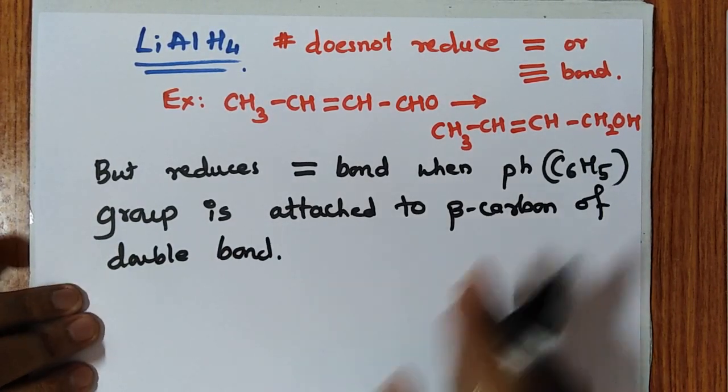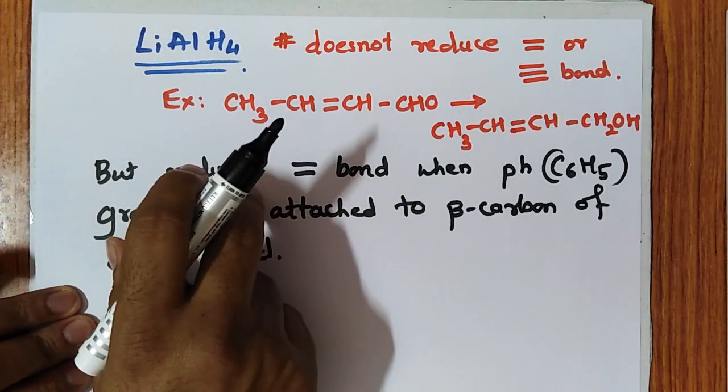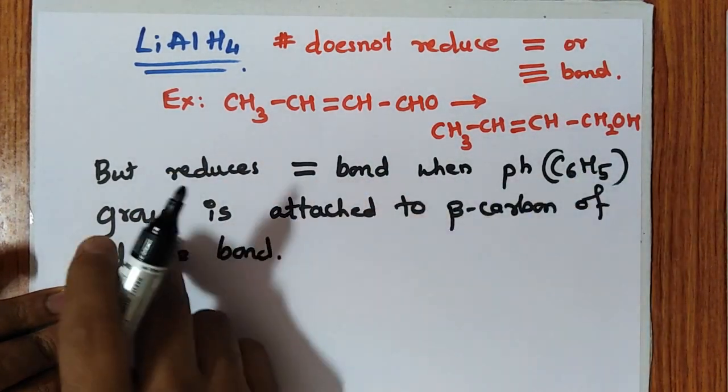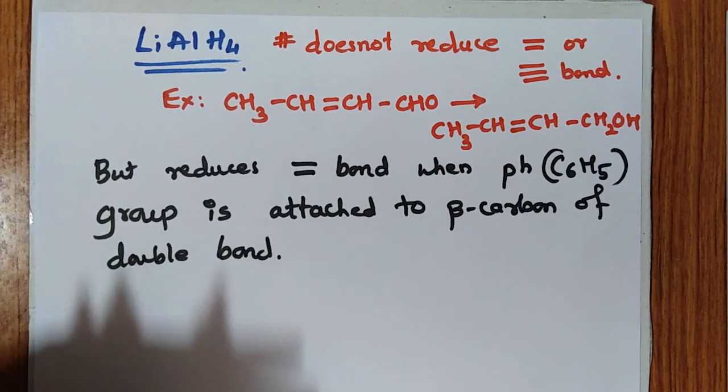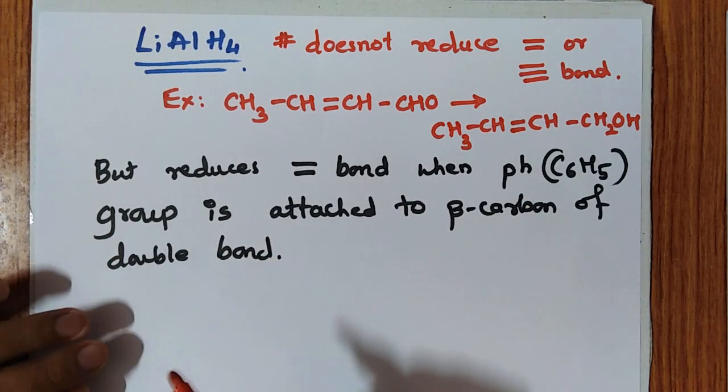So remember, it will not reduce double bond, but it will reduce the double bond when a C6H5 group is attached to the beta carbon of the double bond. Beta carbon of the double bond means what? I will tell you another example here.